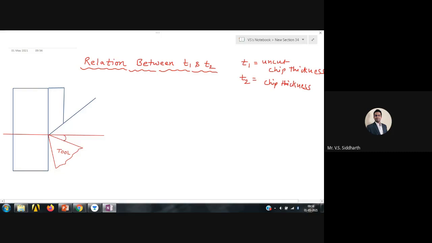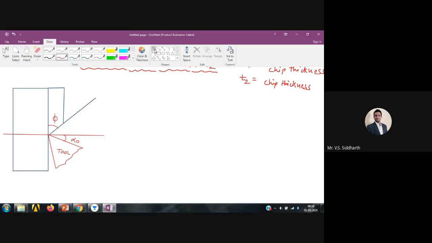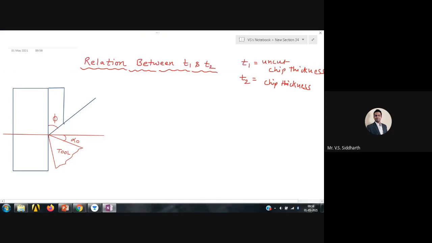This angle is the orthogonal rake angle alpha naught. What is this angle? Shear angle phi. And this is my chip which is flowing out.